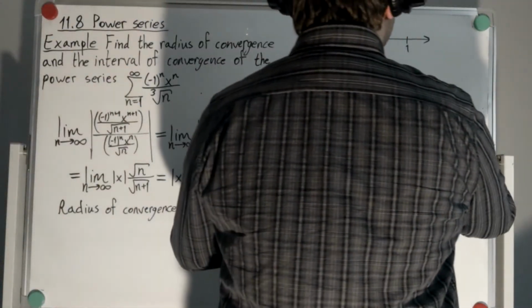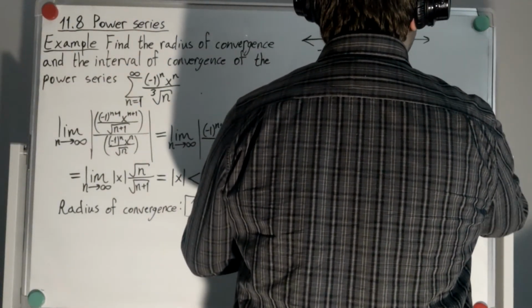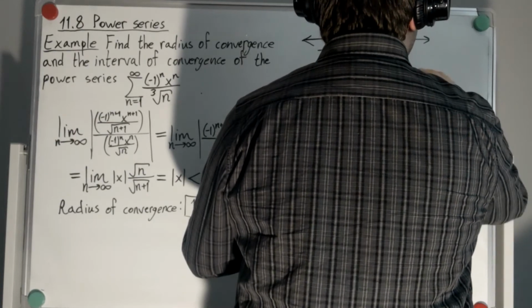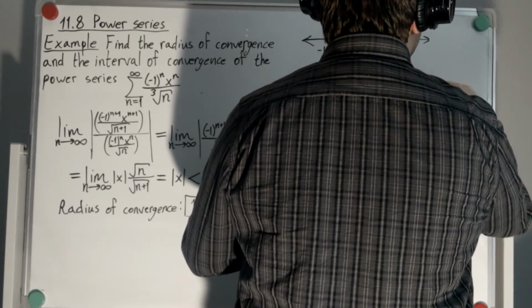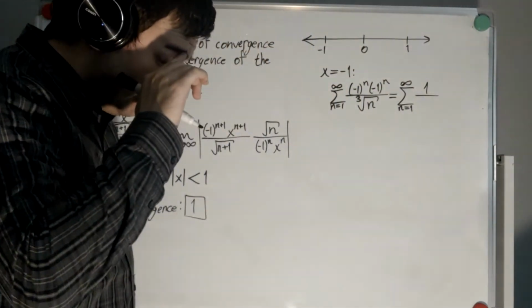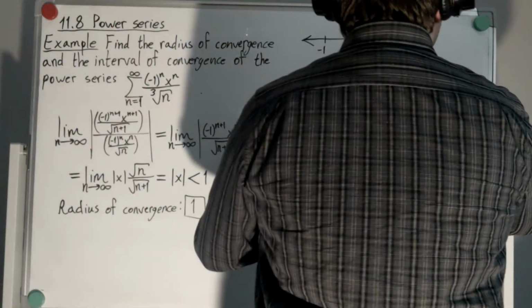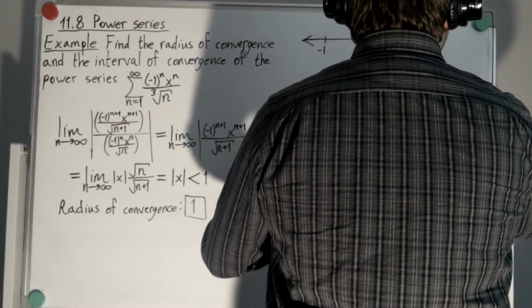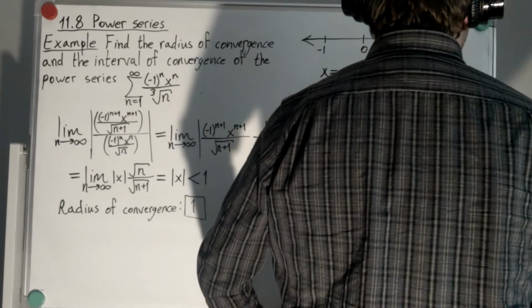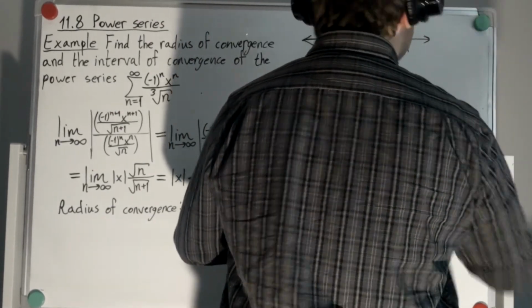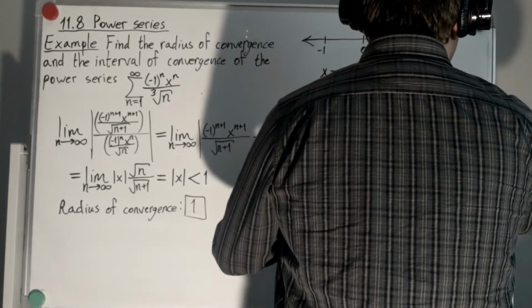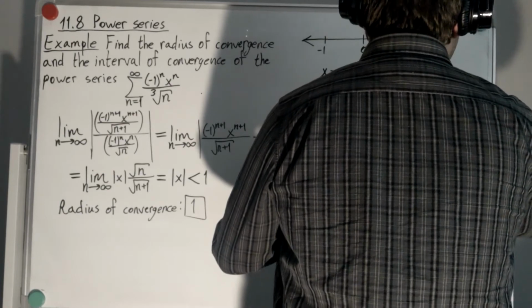So this just becomes the sum from n equals 1 to infinity of 1 over the cube root of n, which can be written as n to the 1/3 power.